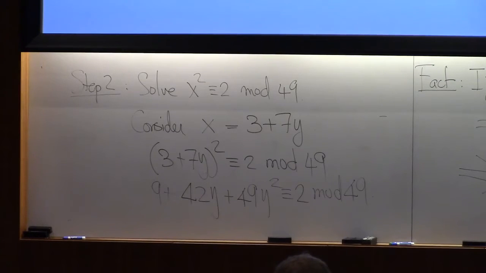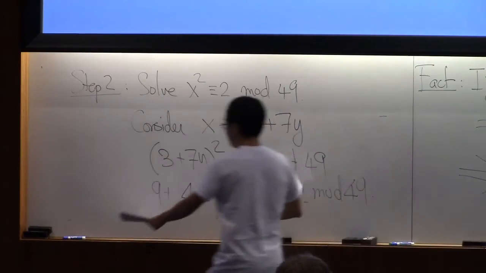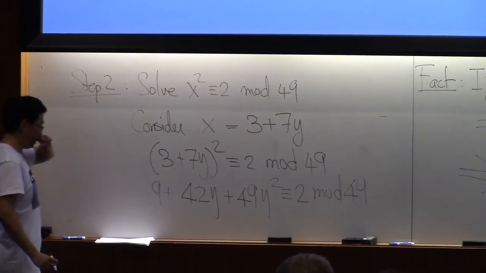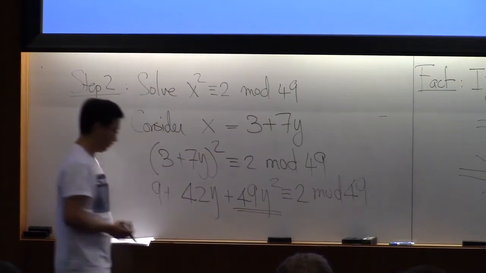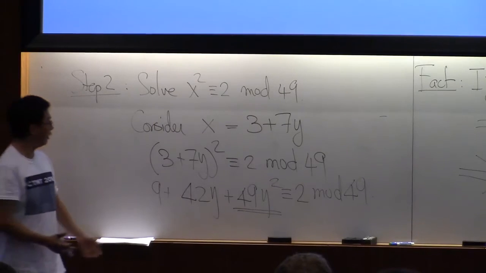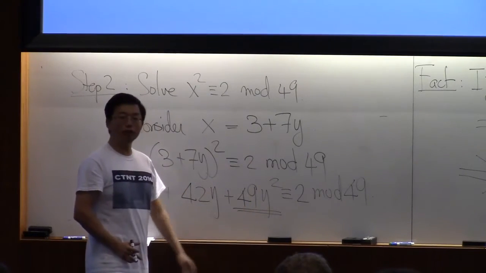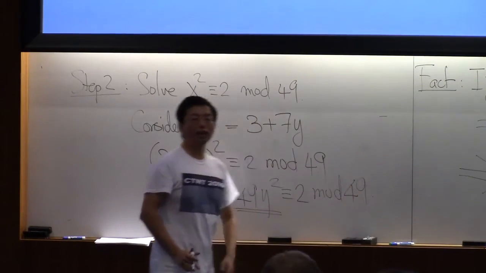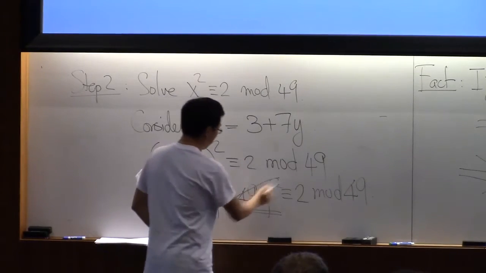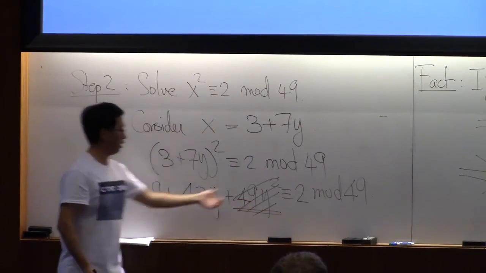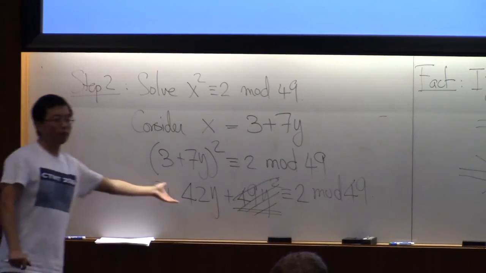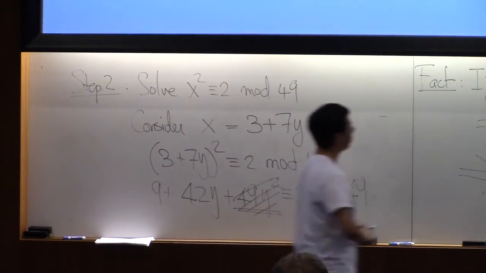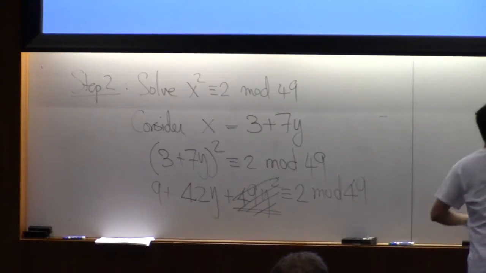And then when you square this out, here's a small miracle: this term, which is our most difficult term, has a 49 in front of it. But we're solving modulo 49, so it doesn't really matter what it is, because modulo 49, this goes away. So this suddenly becomes a linear equation instead of a quadratic equation.